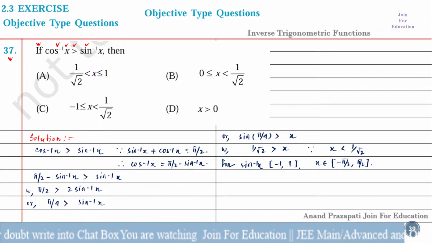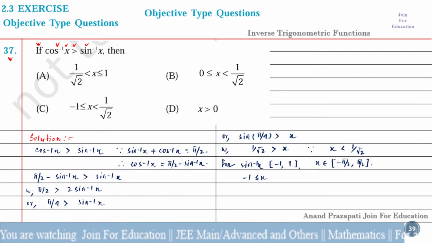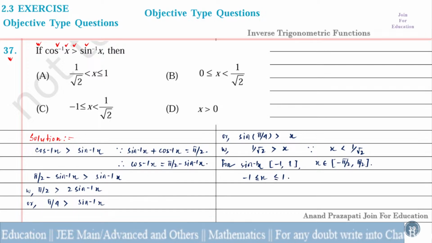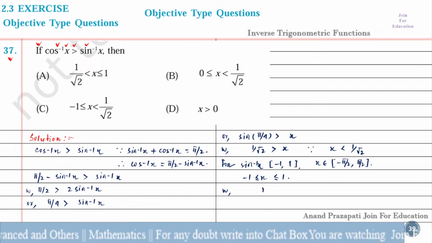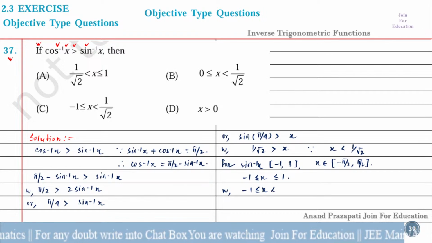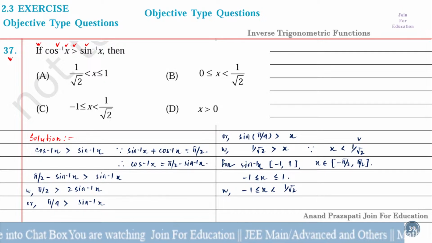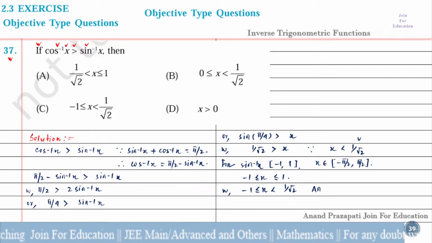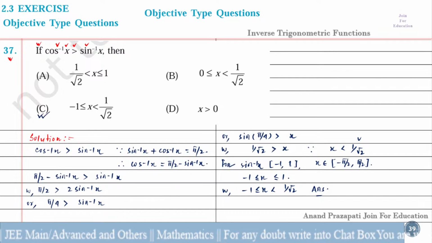So here will be x greater than or equal to -1 and less than or equal to 1. But in that case, here will be x greater than or equal to -1 but less than what? 1 by root 2. So this one will be the answer of this question, and this is in option C. So the correct option of this question will be C.